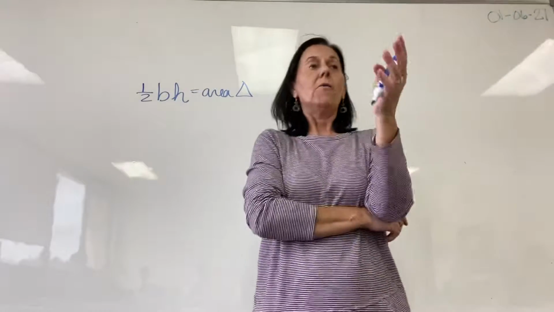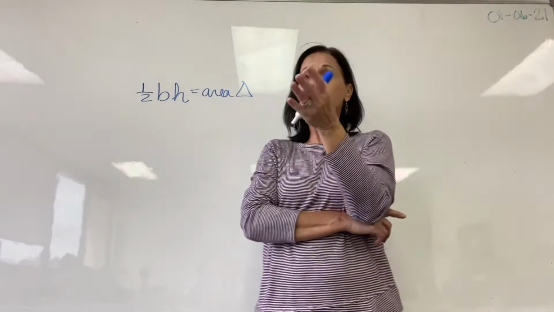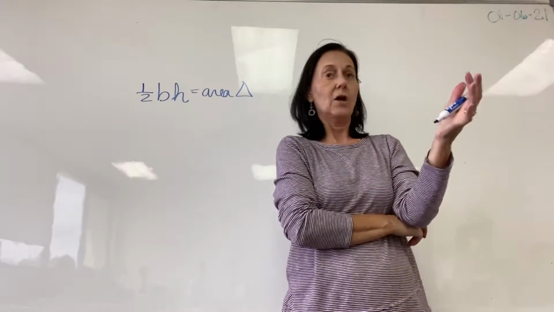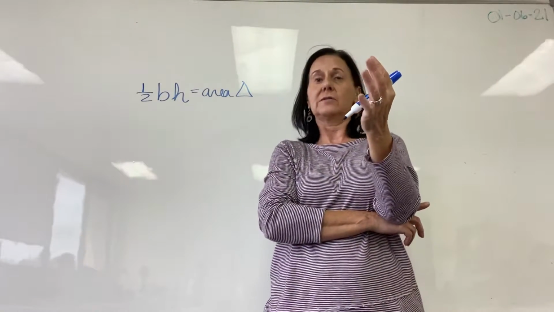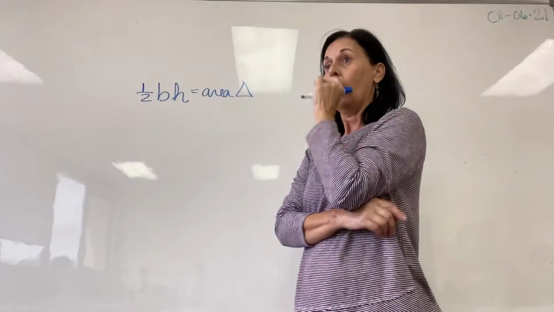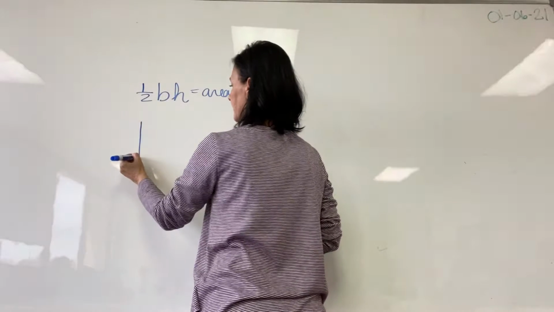Now, our base and our height will look different depending on what type of triangle it is. What are the types of triangles that we have? What's one? Right. We have a right triangle.